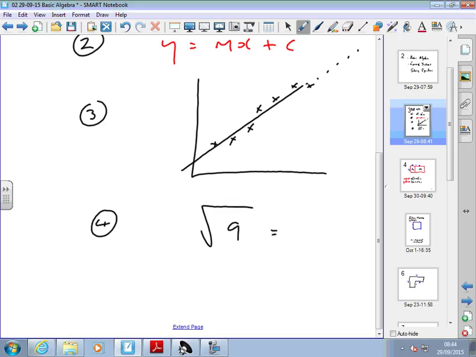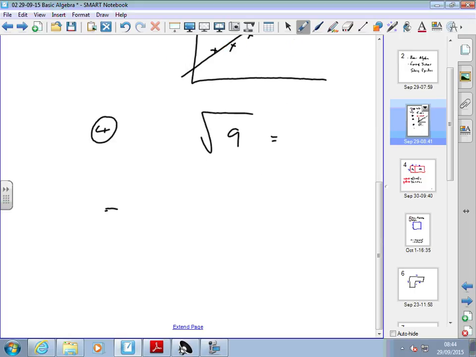Number 4, what's the answer to that? Solve that. Number 5, which again takes us into today.